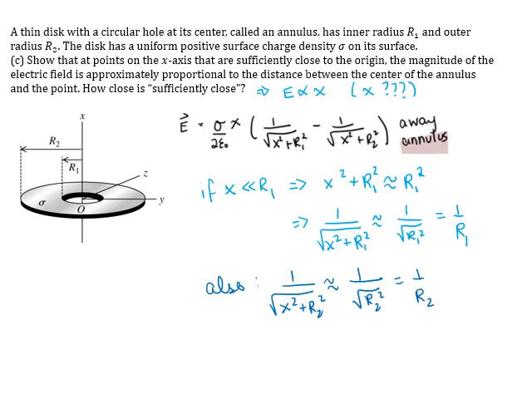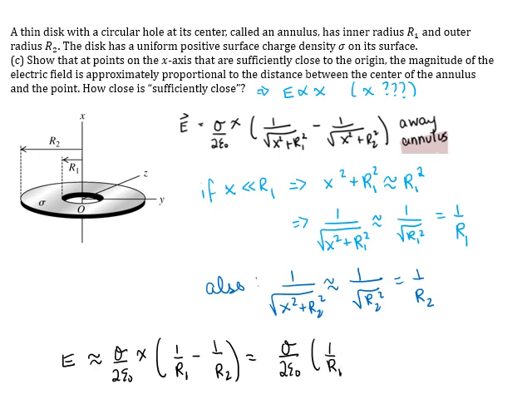Then our electric field is approximately equal to sigma over 2 epsilon naught times x, times 1 over r1 subtract 1 over r2, which is equal to sigma over 2 epsilon naught times 1 over r1 subtract 1 over r2, times x.